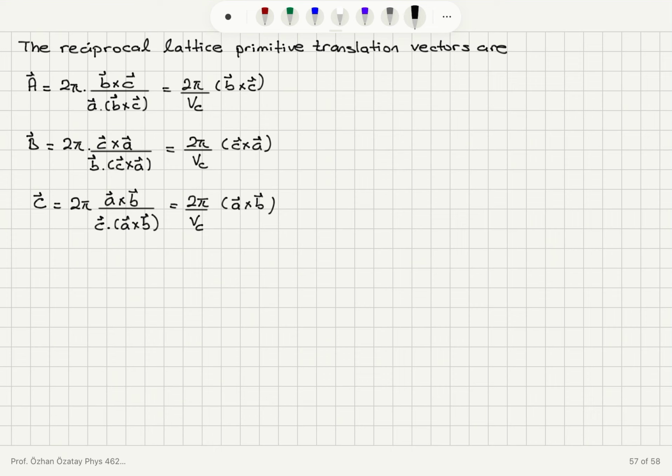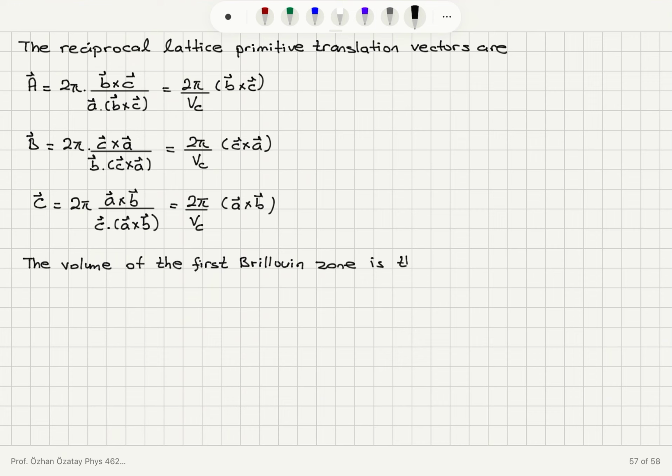Now, what I want to know is the volume of the first Brillouin zone. The volume of the first Brillouin zone, which is the Wigner-Seitz primitive cell in the reciprocal space, the first Brillouin zone.